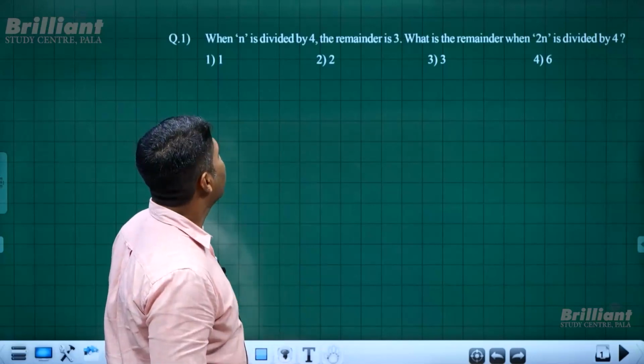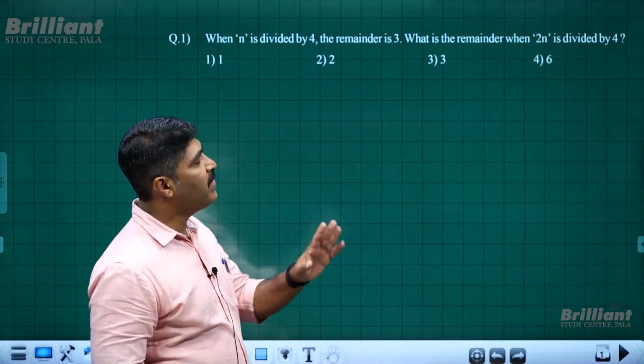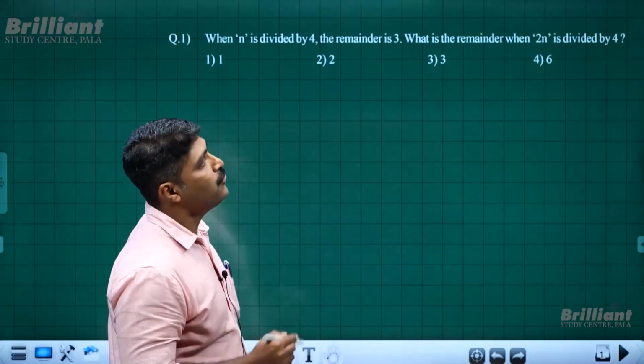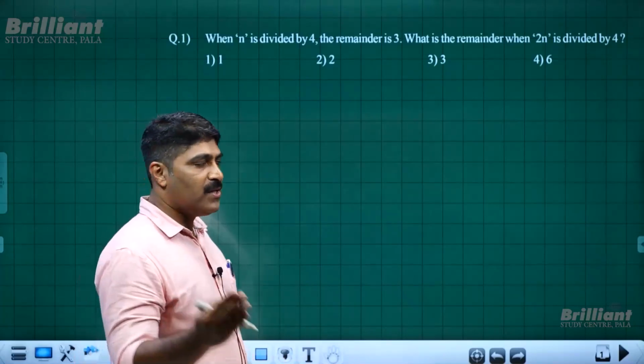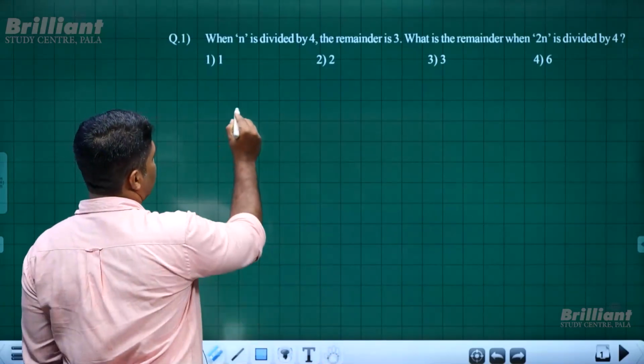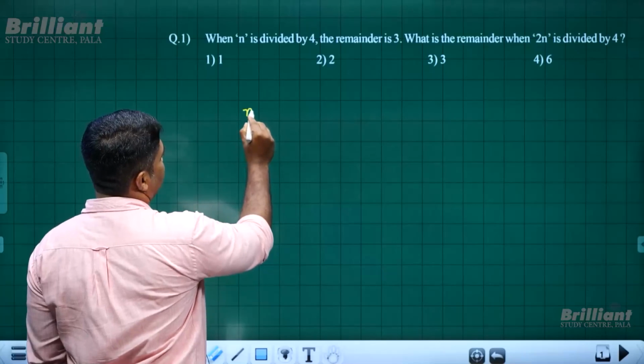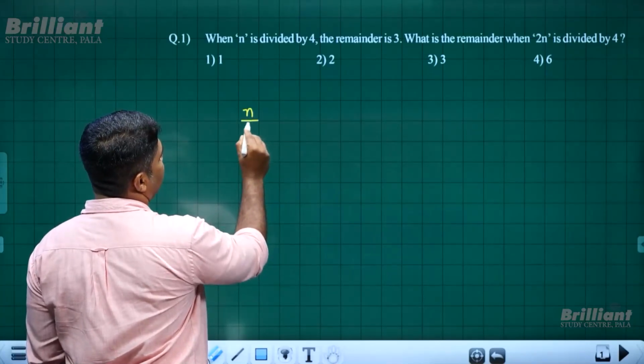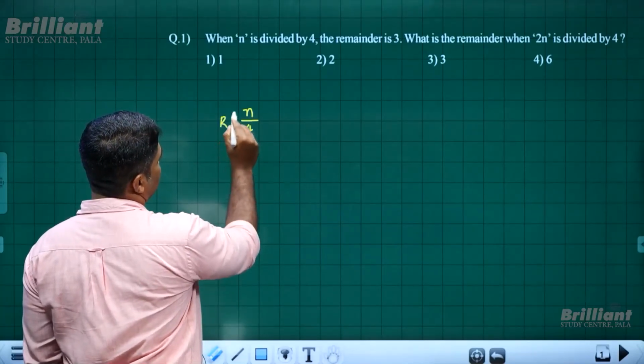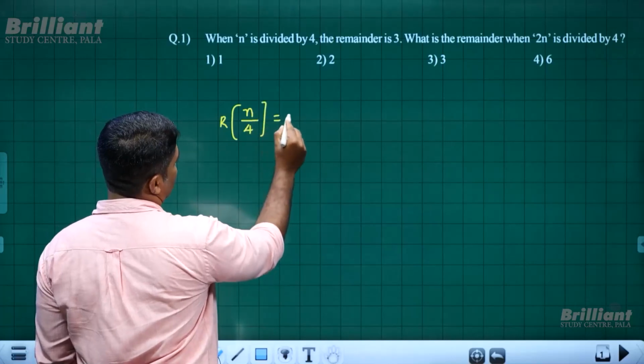Here the first question: when n is divided by 4, the remainder is 3. What is the remainder when 2n is divided by 4? First, I'll give you a sample-wise approach. Here the concept is very simple. n is a number, and when we divide it by 4, the remainder is 3.